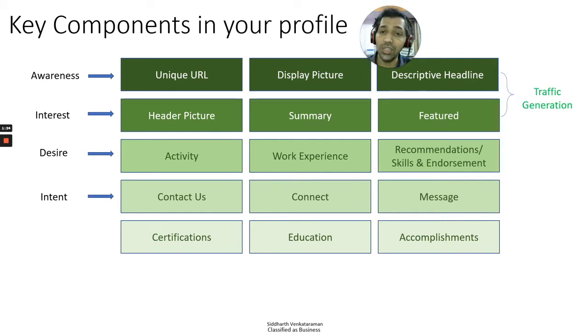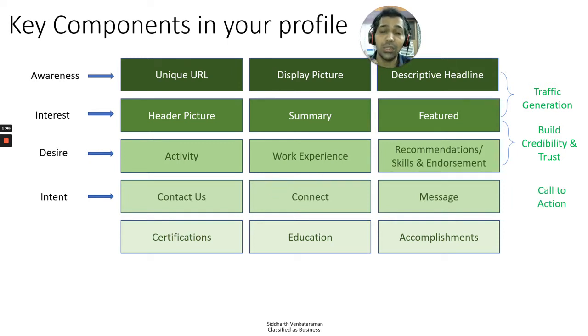As we already saw, the first two layers are more to do with generation of traffic and attracting people. The next two layers are more to do with building trust and credibility by showcasing your accomplishments and getting other people to really talk about you.